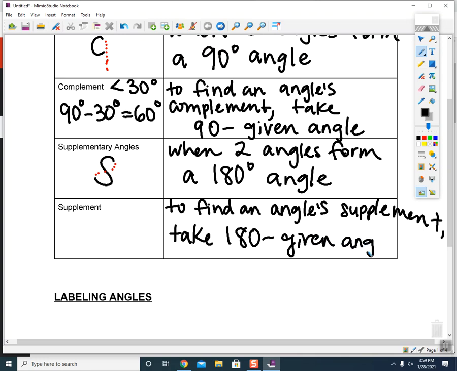Let's say we're given, we'll just make it easy, an 80-degree angle. I would take 180 degrees minus 80 degrees to give me 100 degrees. So the supplement to an 80-degree angle is a 100-degree angle.